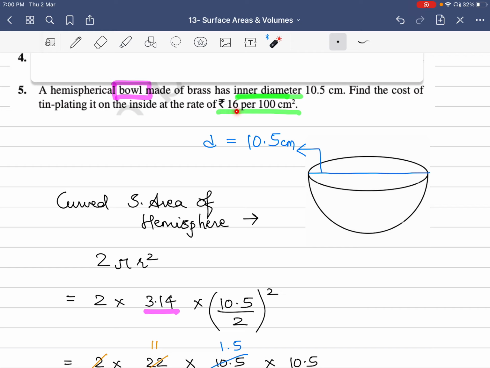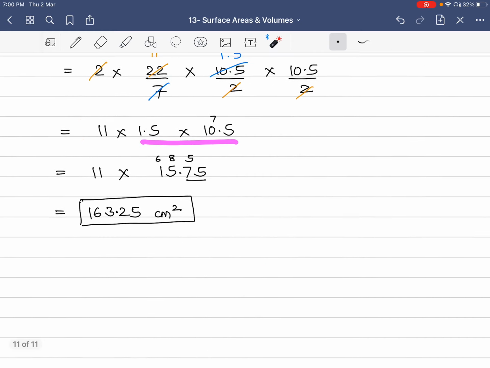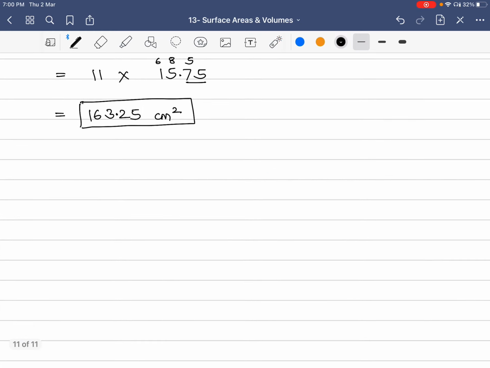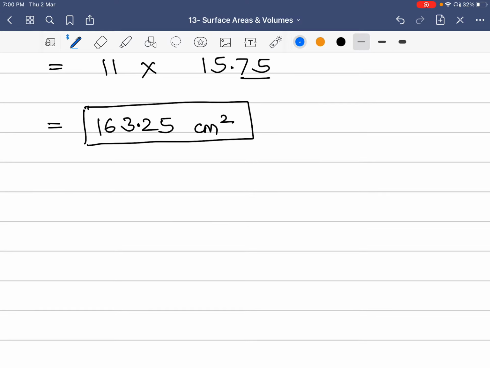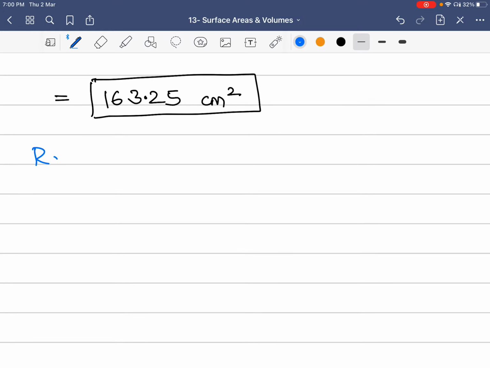Now the rate is 16 per 100 centimeter square. So let's come down here and focus on that part. Let me zoom in. So rate is given as rupees 16 for 100 centimeter square.